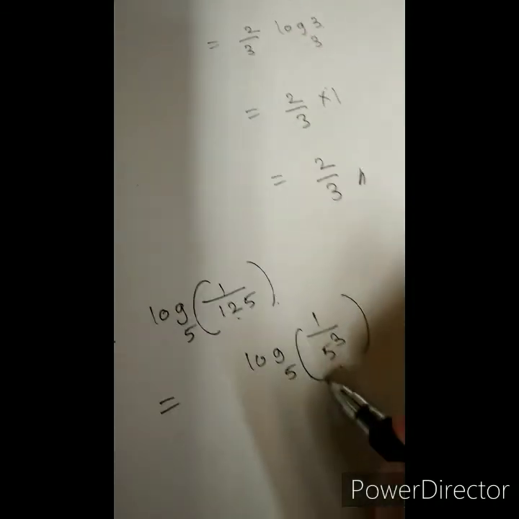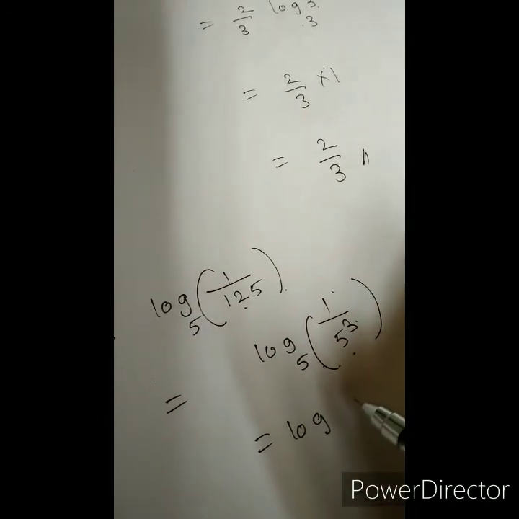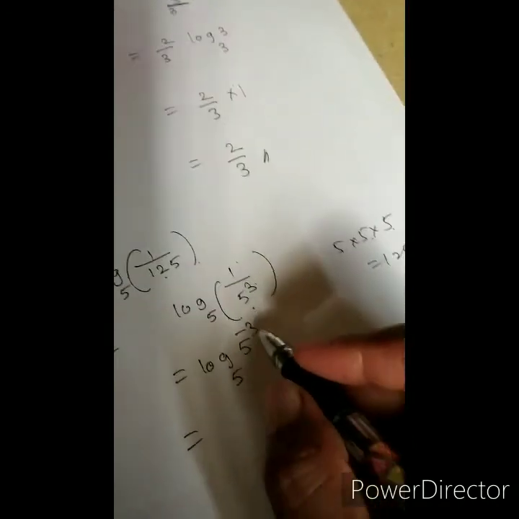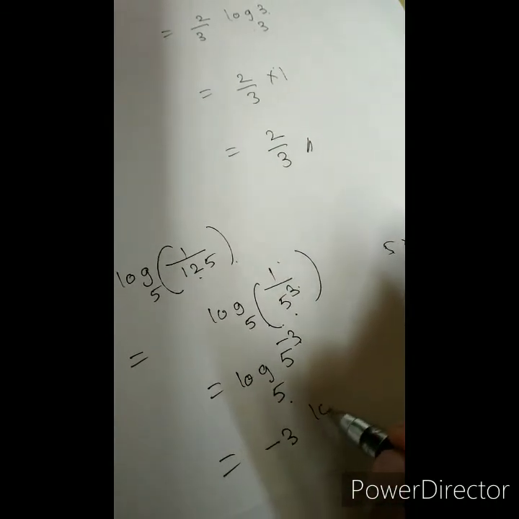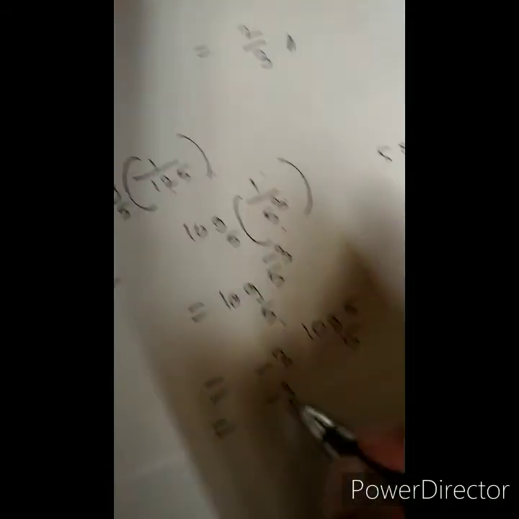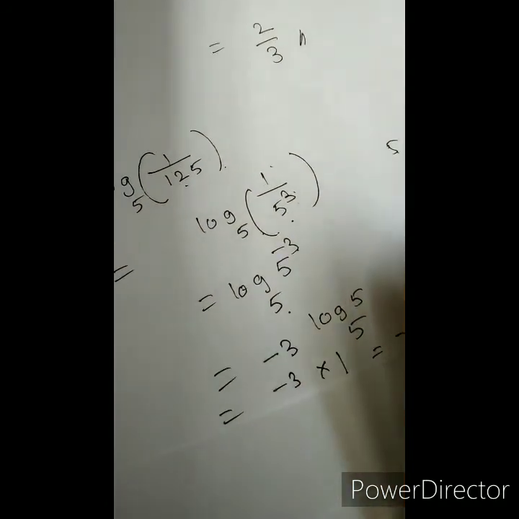Now you bring it to the numerator. This is equal to logarithm of 5 power minus 3 base 5. So using log m power n to the base a, this can be written as minus 3 logarithm of 5 to the base 5. So this is equal to minus 3 into log 5 base 5, whose value is equal to 1. This is equal to minus 3.